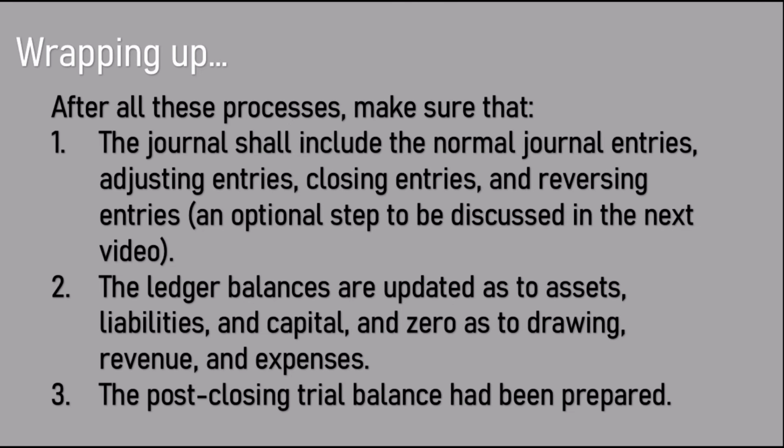But if you choose not to do reversing entries, then you're done with the accounting process. Okay? And then the ledger balances are updated as to your real accounts, which are assets, liabilities, and capital. And then your drawing, revenue, and expenses should be zero.